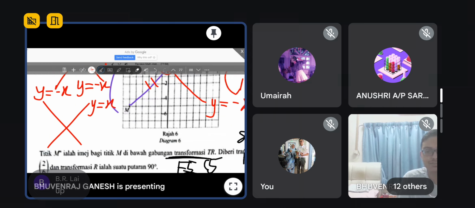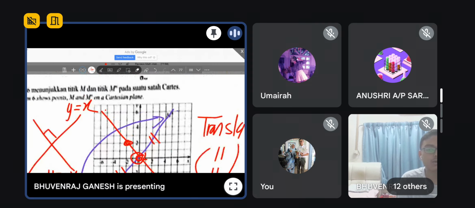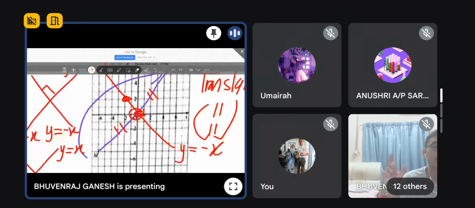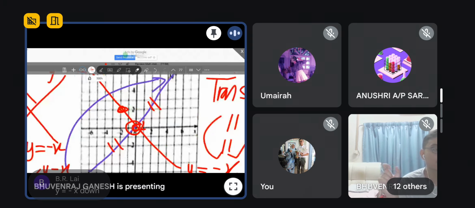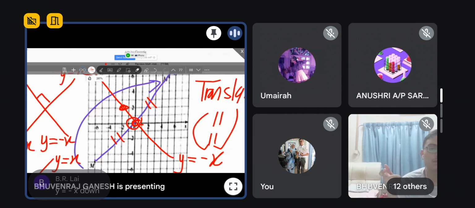Down, up, I don't get your meaning. There's nothing about down and up. You must just see the gradient of the line only. Focus on the kecerunan of the line. That's all. The gradient is negative 1 means, oh, you mean down is like this, is it? Down like this. Oh, I get confused.